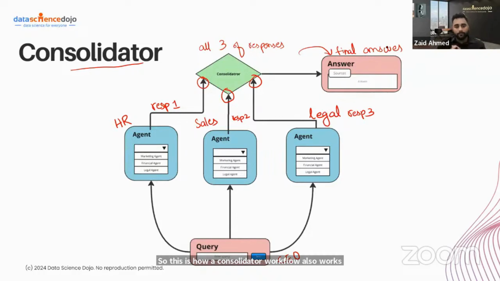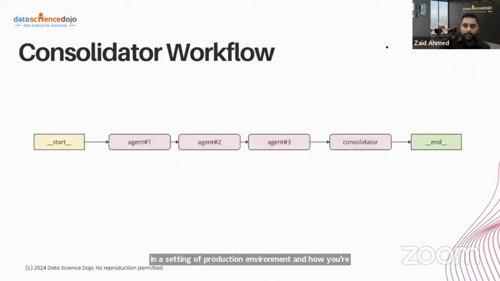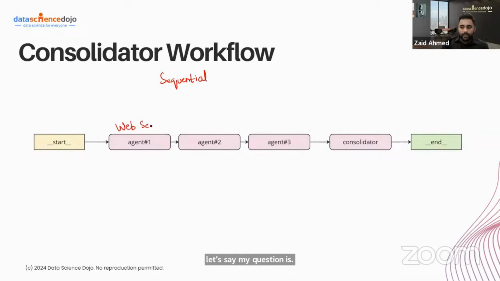Now take another example, a sequential workflow. In a sequential workflow, you want your agent to perform certain tasks after they have completed the first task. Let's say this agent is for web search. It is going to do the web search for you.